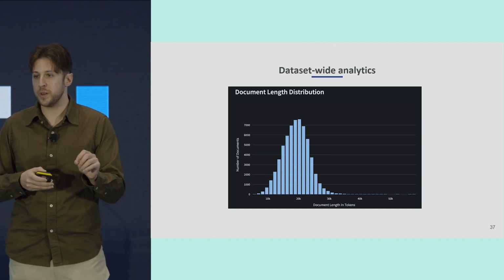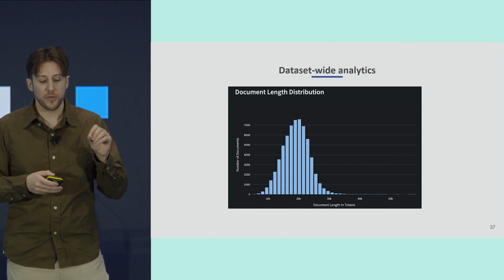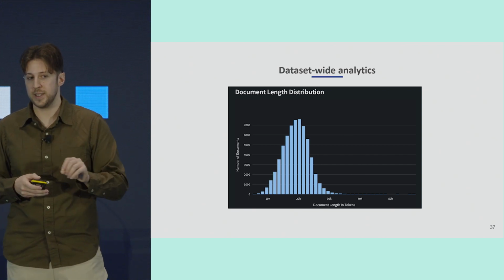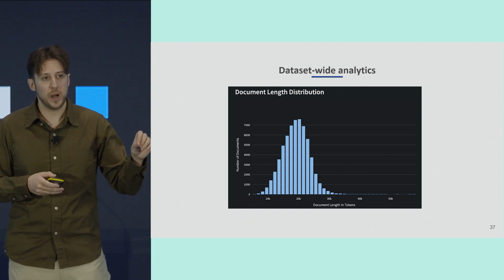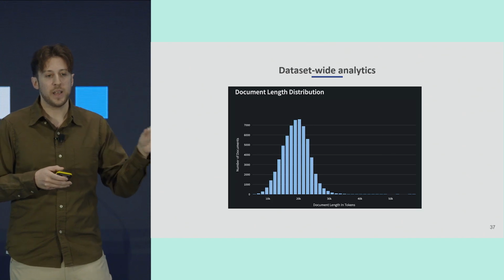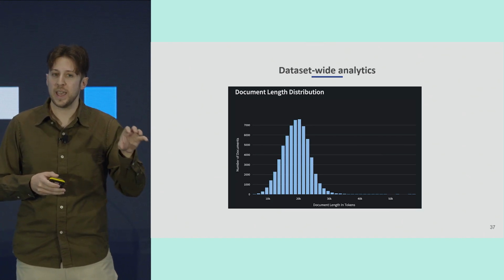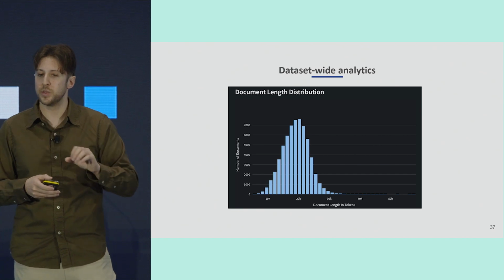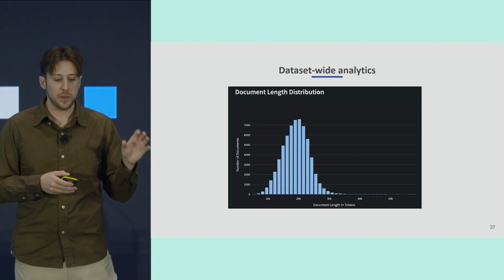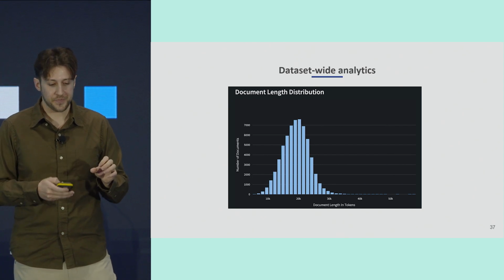And it's really important to generate these analytics across pipeline stages. So you want to see how some pipeline stage, whether it's a processing or a pruning or something, how that's impacted the distributions that you care about. Because it can actually impact things in ways that you don't expect. So being able to have that visibility at each stage is really important.